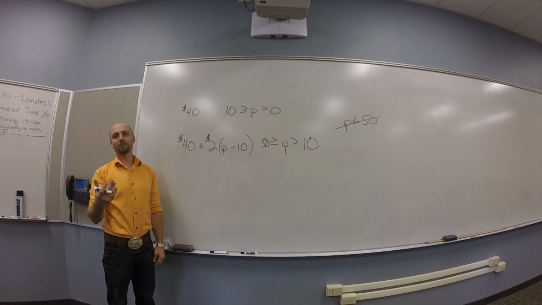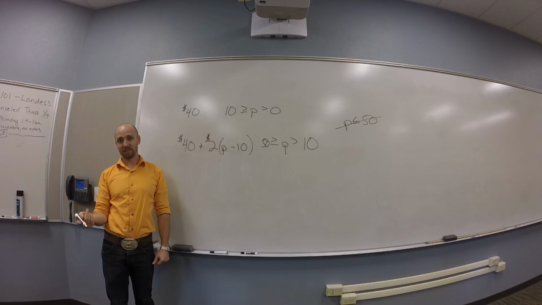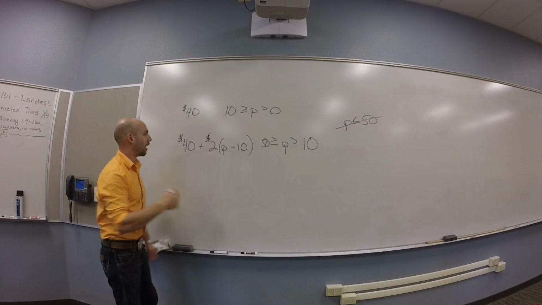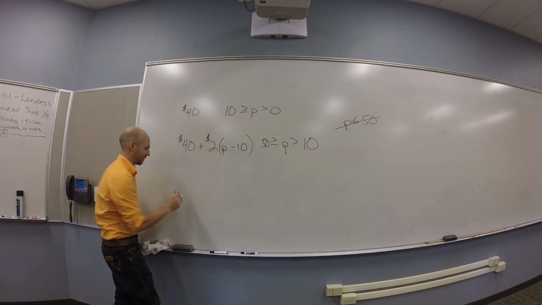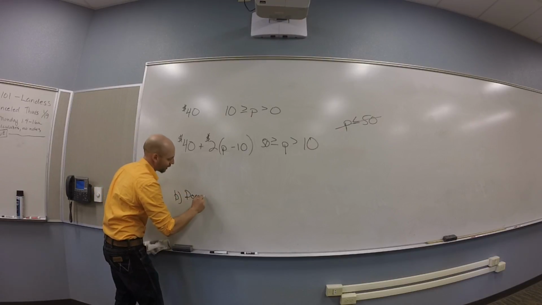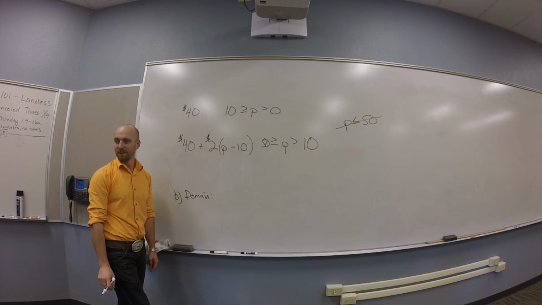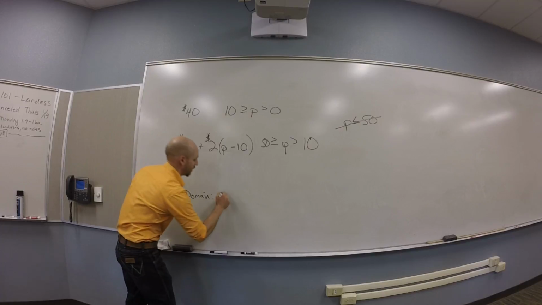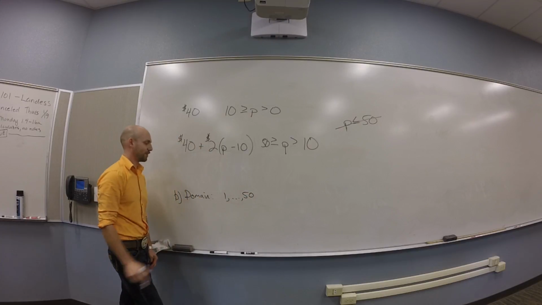True. So the reason I'm writing this is because they're asking me this question about domains, right? Okay. So I'm getting ready to, I think, answer part of B. So I don't have this picture yet, but the domain at least is what? 1 to 50? And why am I writing it this way instead of the other way?